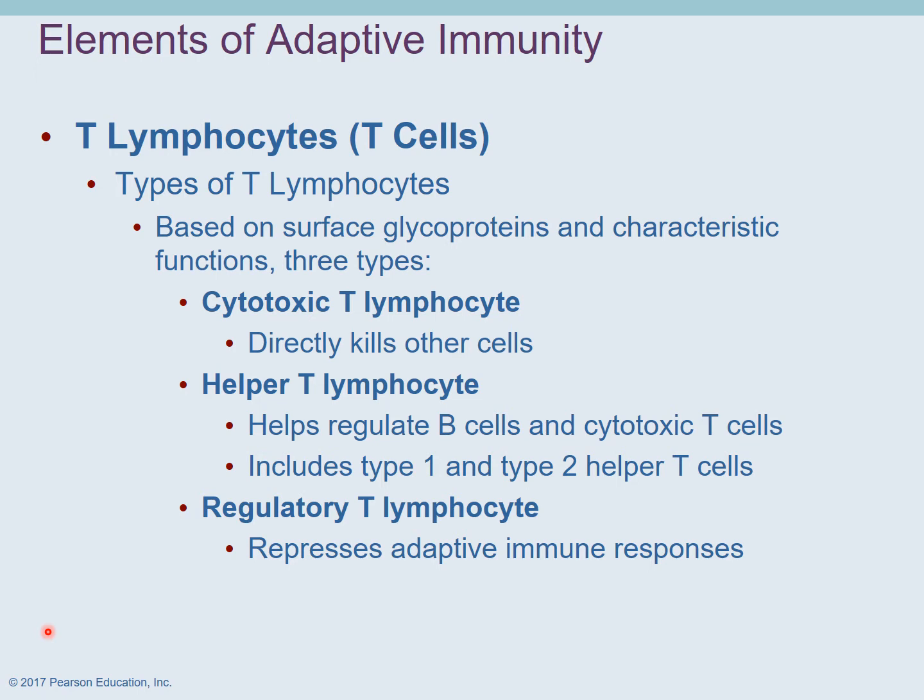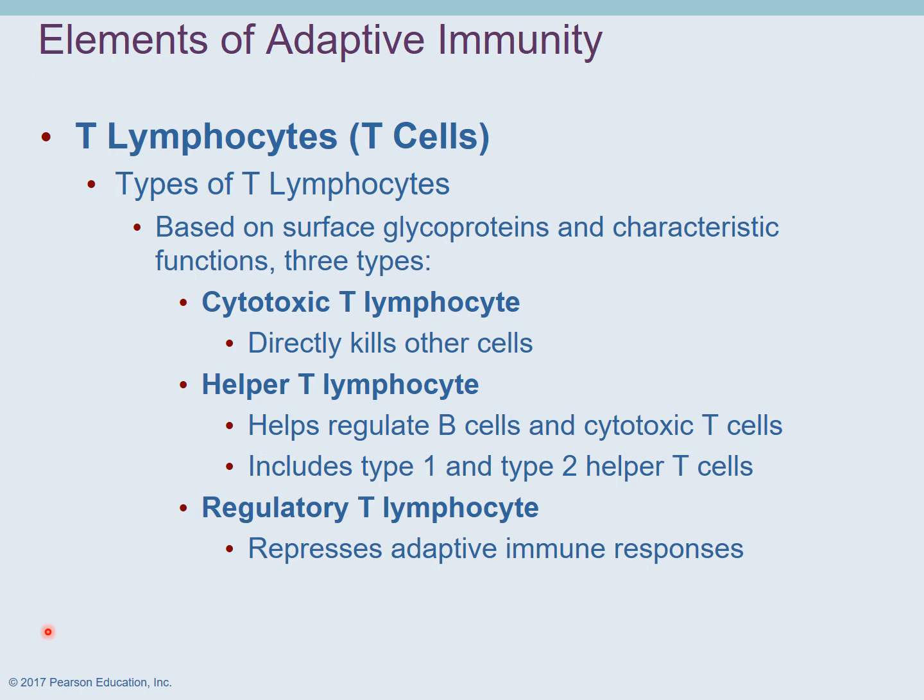They also will help to activate the B cells of the humoral immune response. So this is where you start to see, overall you have the adaptive immune response, and then that's subdivided into the cell-mediated, which are the T cells, and then the humoral, which are the B cells.